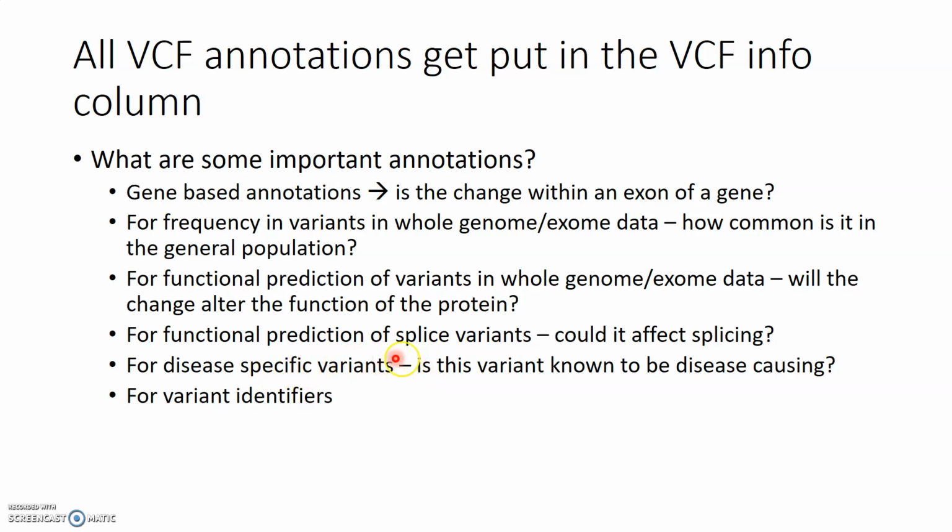We can also look at things like splice variants. And so, especially in the human genome, there are a number of different what are called protein isoforms, which arise from differential splicing.